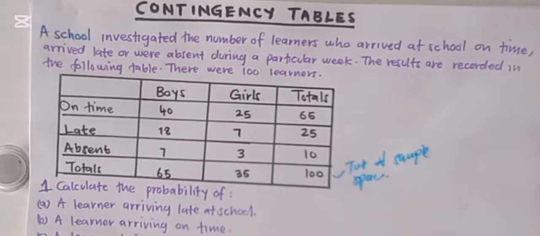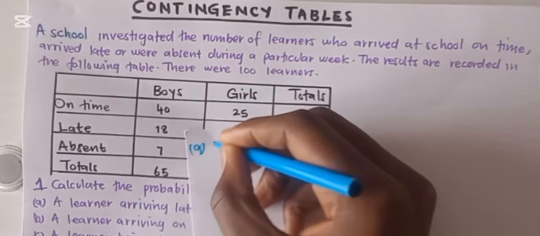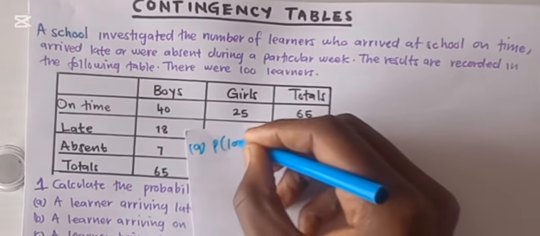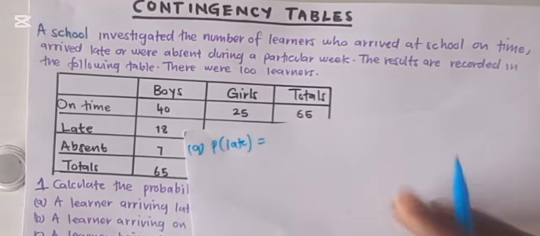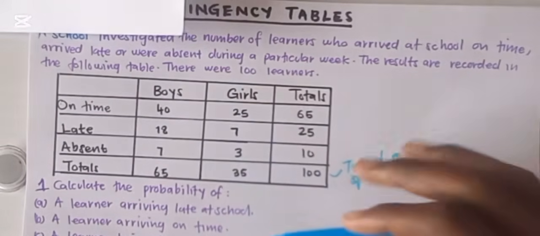Perfect. So now let's take a look at the questions. They say, calculate the probability of a learner arriving late at school. So in other words, they need the probability of a learner that arrived late. For the one that arrived late, we're just going to look at the total because they didn't specify.